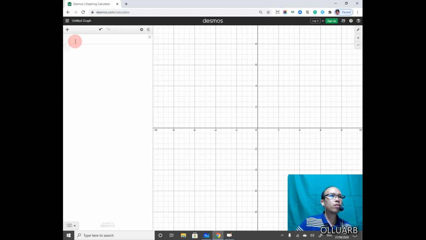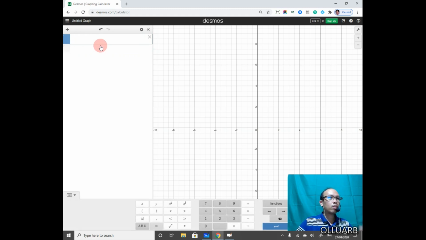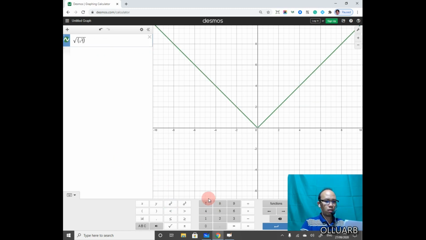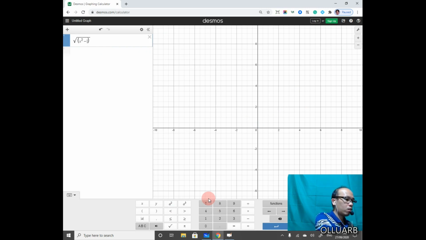We have the square root of the quantity x squared minus 7, over 3x.